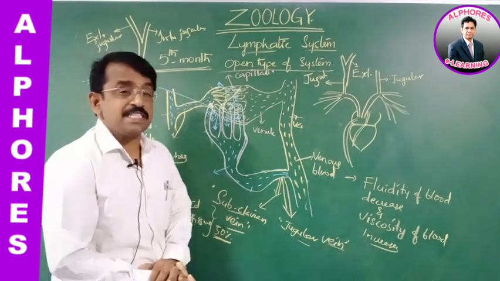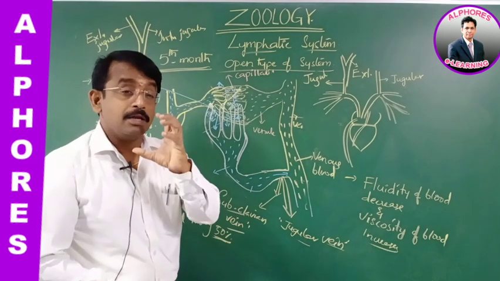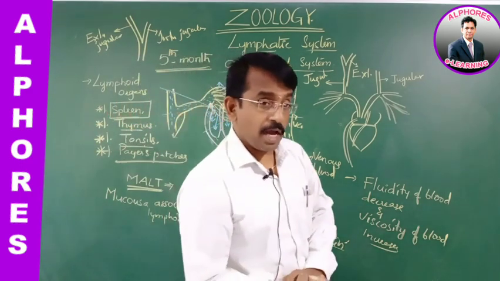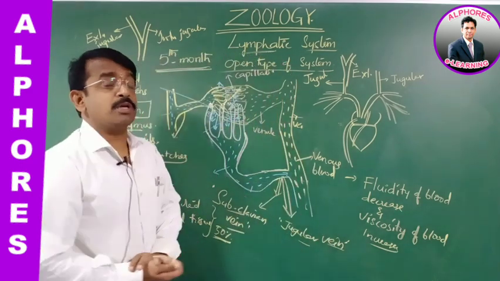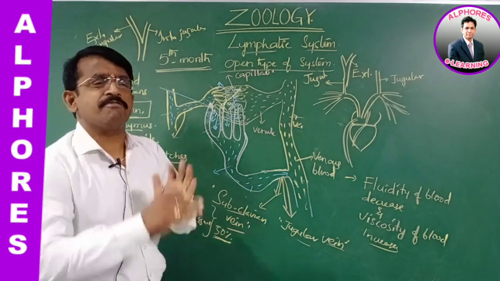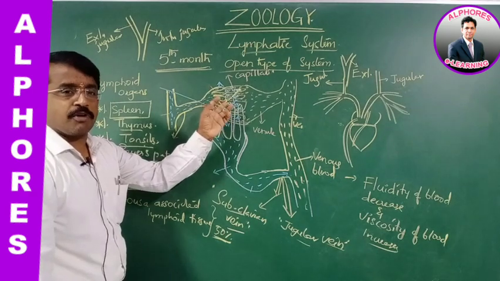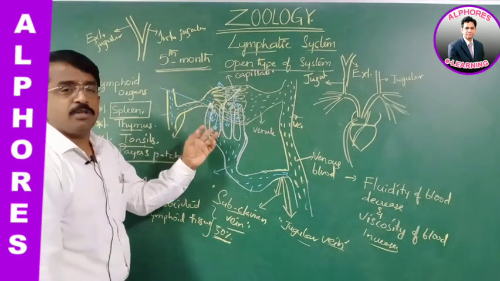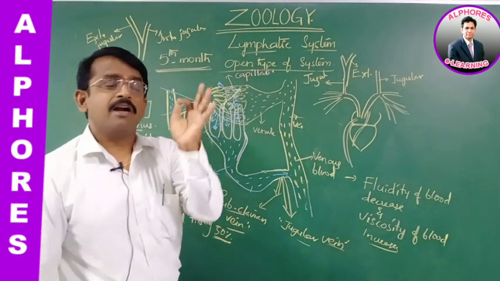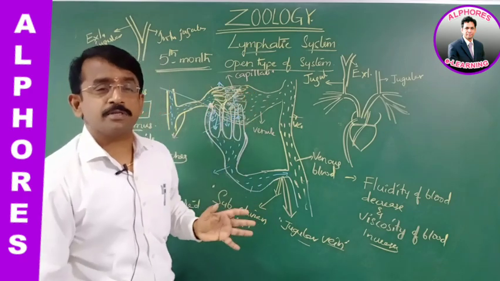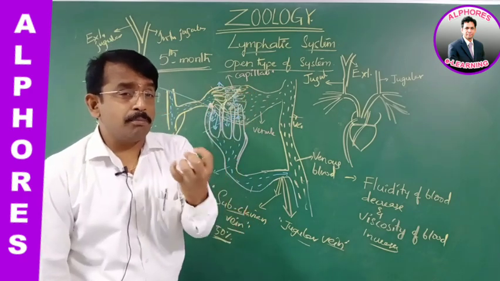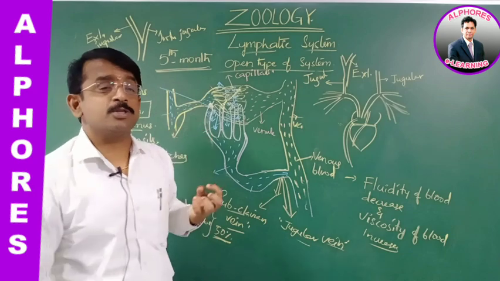As this is flowing, you may raise a question: what if microorganisms are present? Definitely they are present. When fluid from the extracellular fluid drifts into the capillaries, microorganisms are definitely present. Then how does the body resist them?